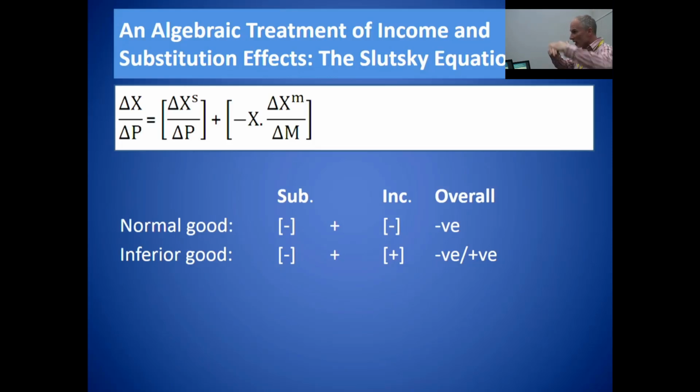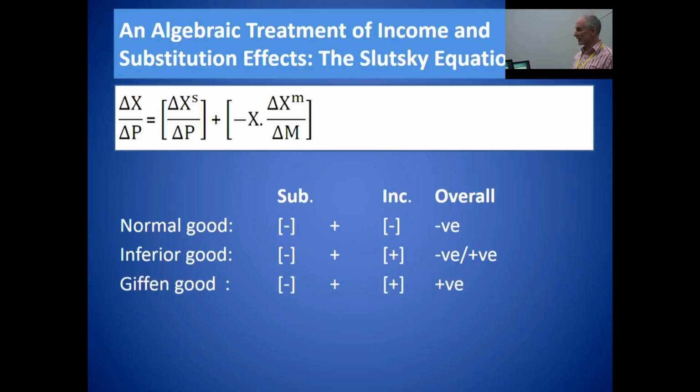But notice though, it means now that the income and substitution effects will move in opposite directions. And depending upon which is larger, the income effect or the substitution effect, will determine whether the overall effect is negative or positive.